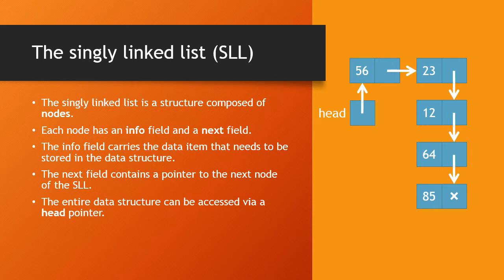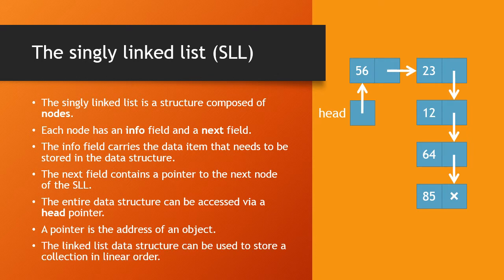So now I am reading the list starting with the head pointer: 56, 23, 12, 64, 85. A pointer is the address of an object. In Python, it is also called the identifier of an object. The linked list data structure can be used to store a collection in linear order.